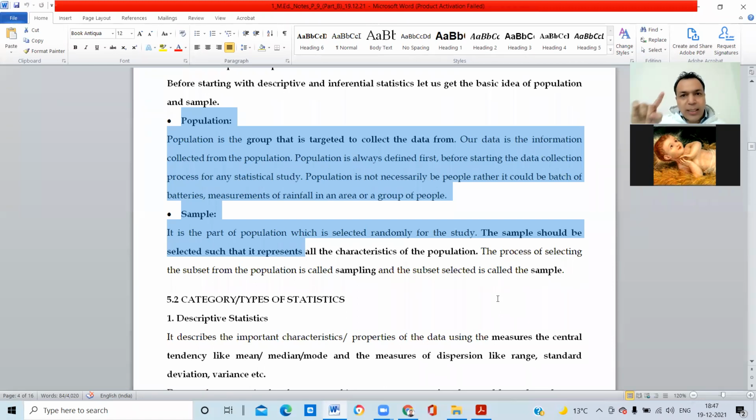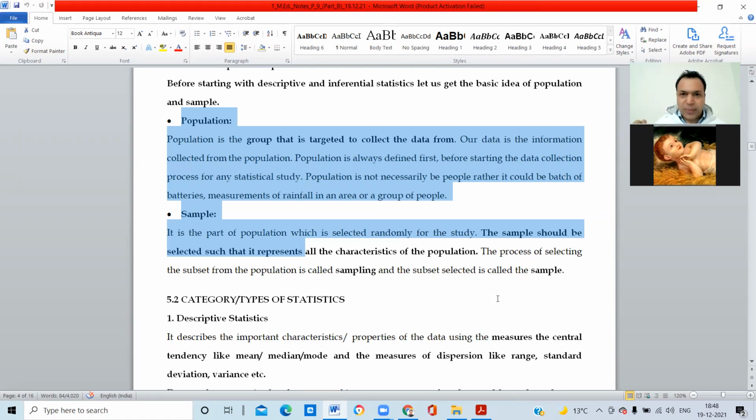What is the characteristic of a sample? Always remember, a sample represents the whole population. I give you the latest example. Elections are going on in Punjab and UP. Many television channels, Aaj Tak, ABP News and others, are giving their surveys.